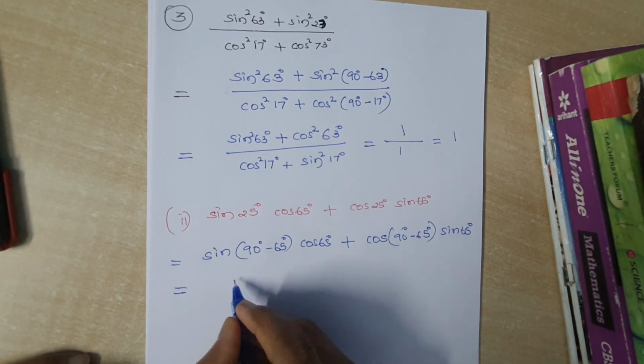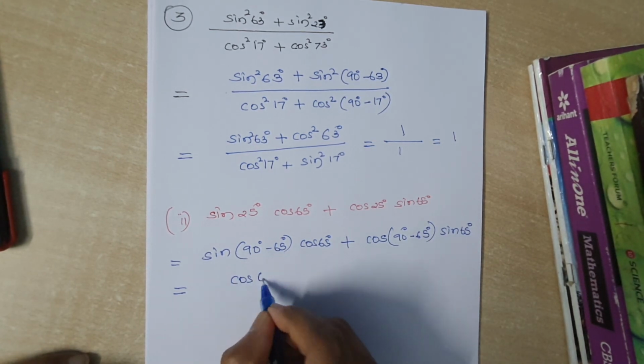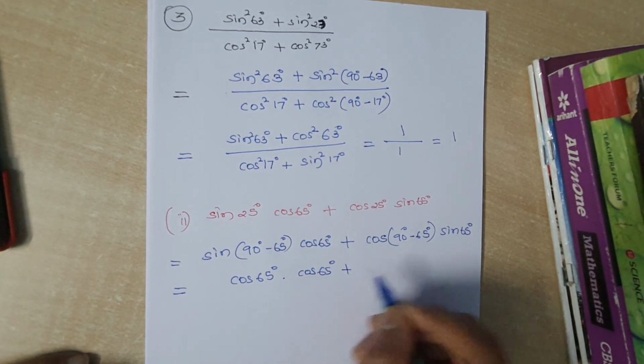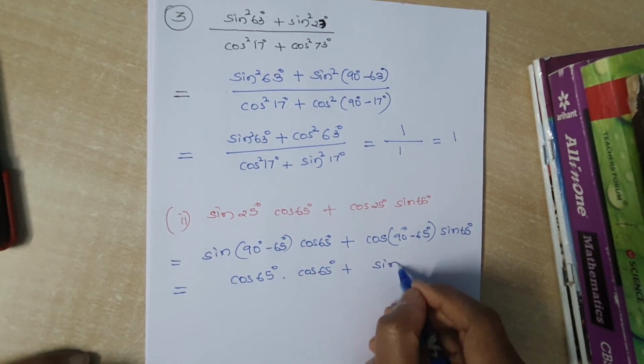So what is this? Sin 90 minus theta is cos theta. Cos 90 minus theta is sin theta.